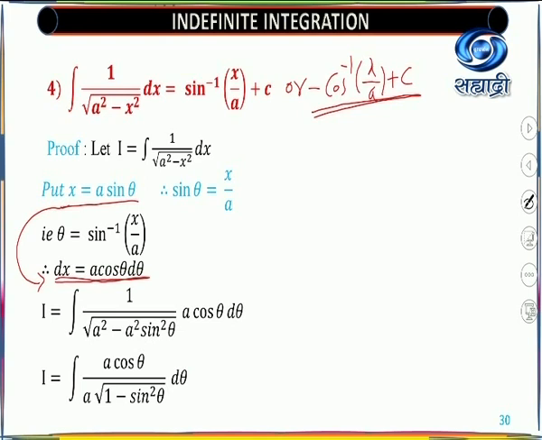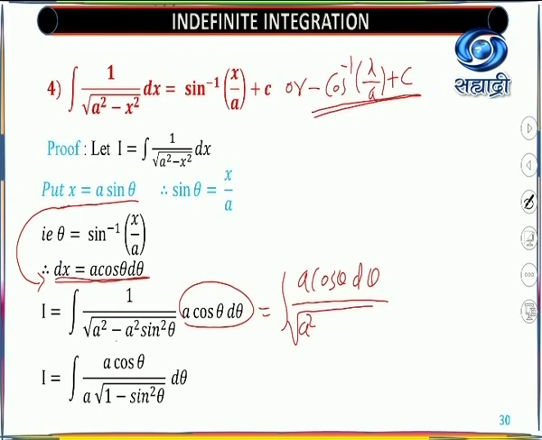So I equal to integral 1 upon root of a square minus a square sine square theta. Substitutions are there, you will get a cos theta d theta. So now it is a cos theta d theta upon root of a square, if you take a square common, you are left with 1 minus sine square theta.